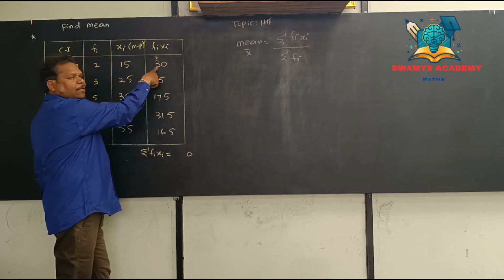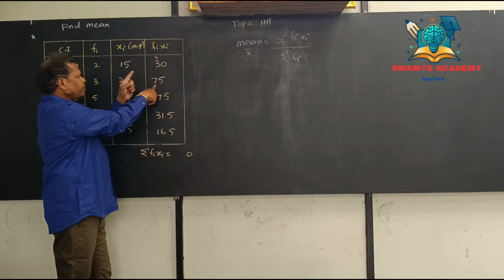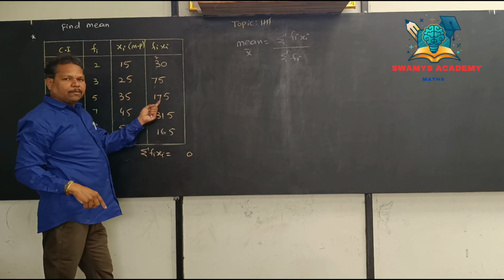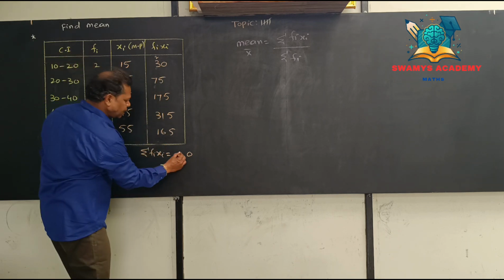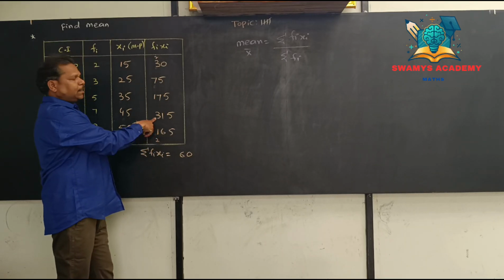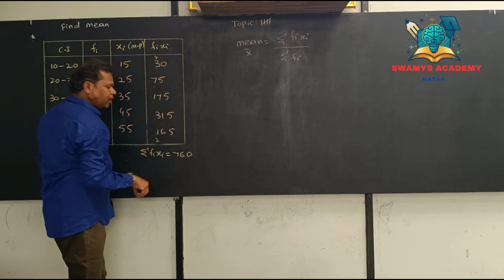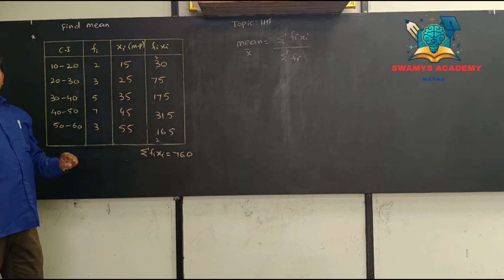So 2 plus 3, 5. 5 plus 7, 12. 12 plus 7, 19. 19 plus 1, 20. 20 plus 6, 26, 2 carry. So 2 plus 1, 3. 3 plus 3, 6. 6 plus 1, 7. The total value will be 760. Sigma fi xi is 760.